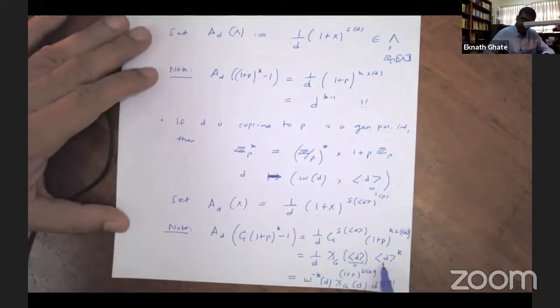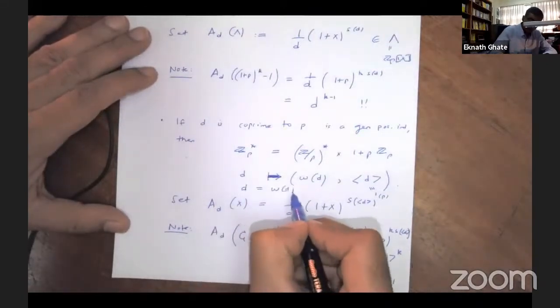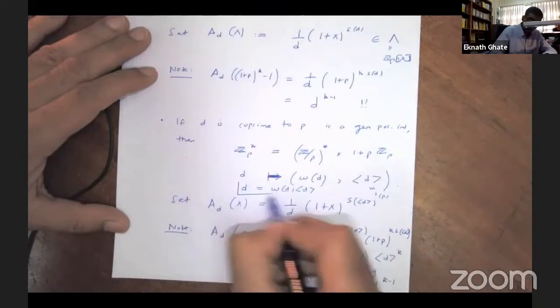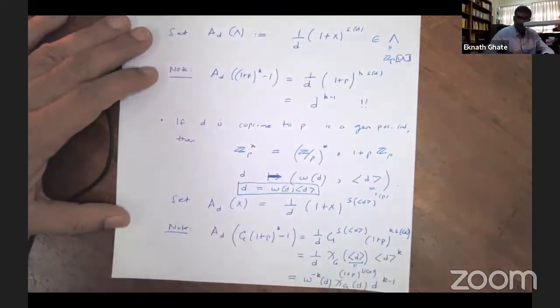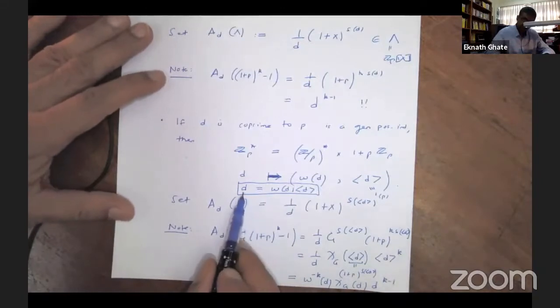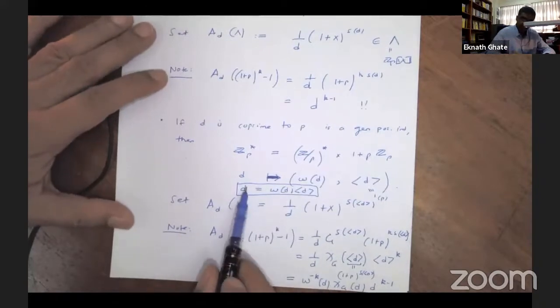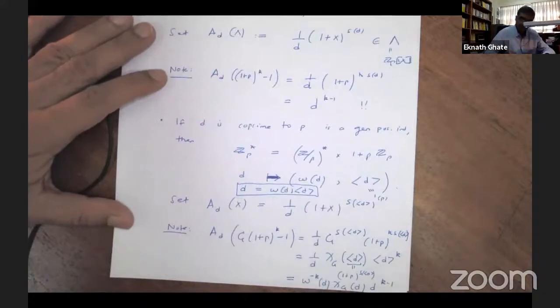What is diamond d? d is equal to omega d times diamond d. So diamond d to the k is just d to the k times omega minus k of d. So that's where the omega minus k of d came from. And then you get a d to the k, so that's the d to the k here. And then I divide it by d, so you get d to the k minus 1.